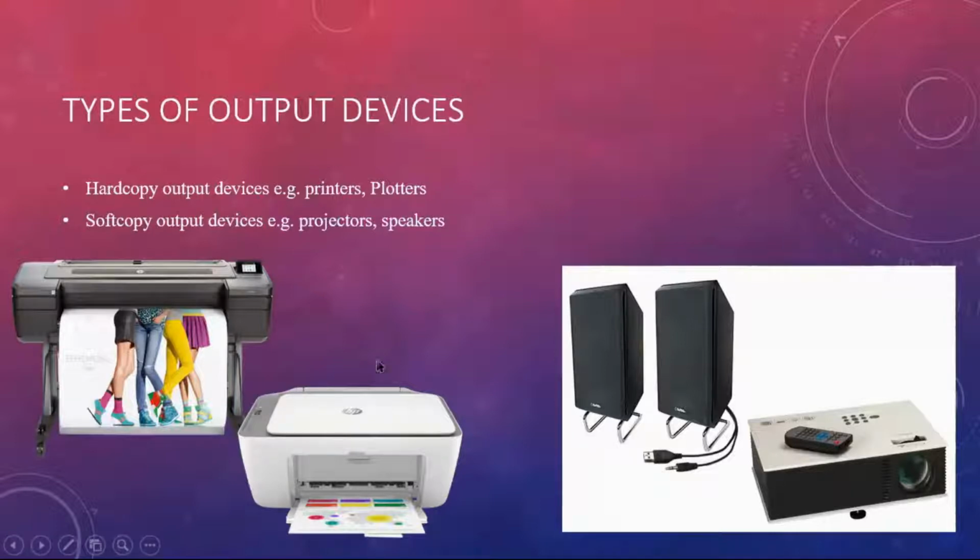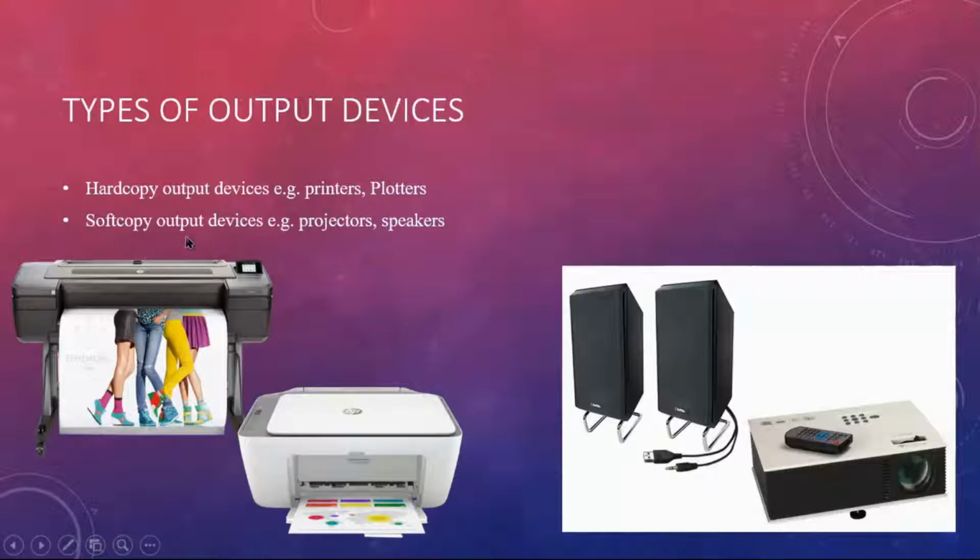The other example you could give are the plotters. At the beginning of the lesson, I told you the plotters are used for printing large images on billboards, on signposts, and so on. So you'll find that the material onto which images or characters are printed on a plotter is different from that of a printer.